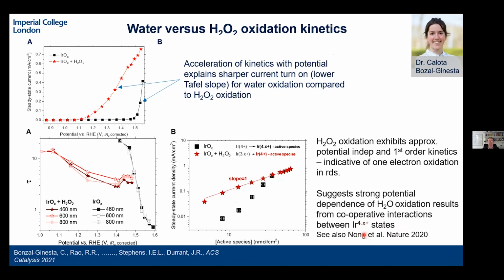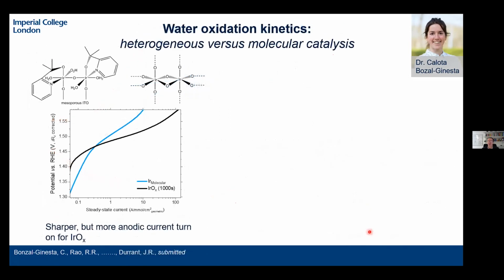And indeed, there's a nice paper by Nong et al., which came out last year, talking about cooperative effects on iridium oxide. We can do the same sort of analysis, not comparing water versus hydrogen peroxide oxidation, but comparing water oxidation on an iridium oxide film to molecular iridium dimers immobilized on a mesoporous indium tin oxide electrode.